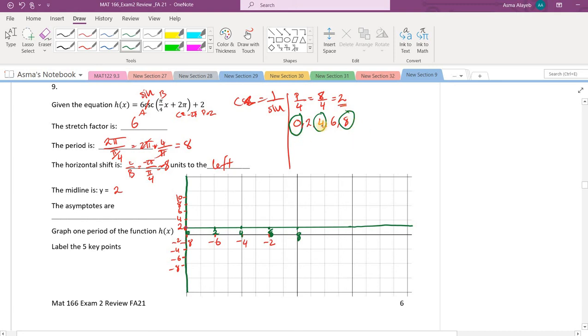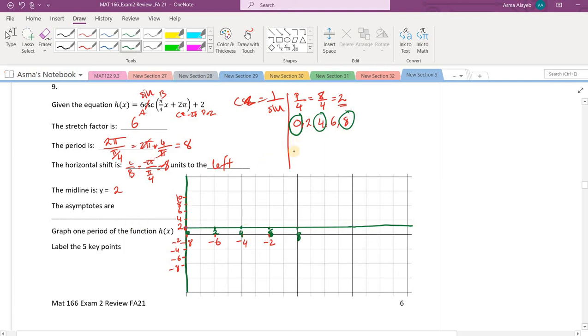Meaning those are exactly going to be my asymptotes. And to find the rest of the asymptotes, you can just keep adding 4 to these, or you can keep subtracting 4 from these.